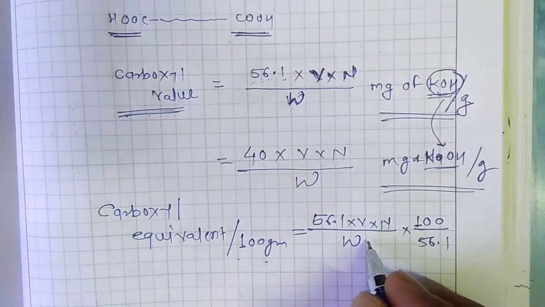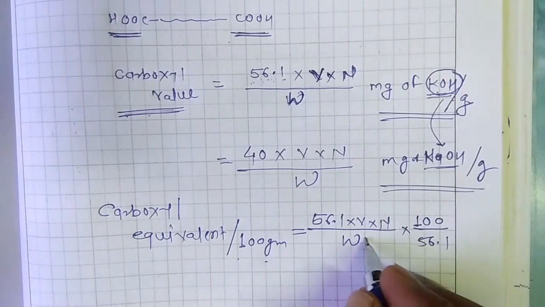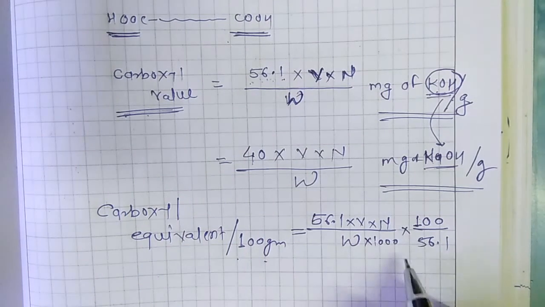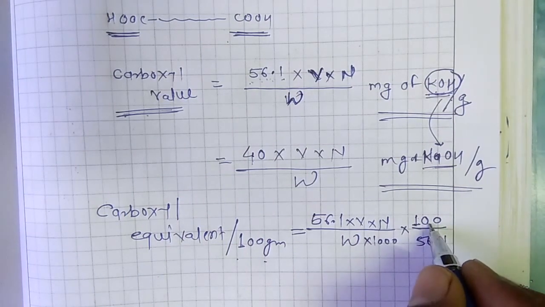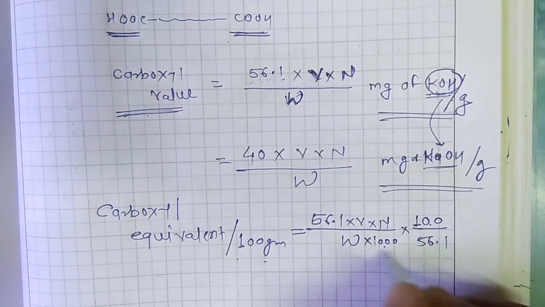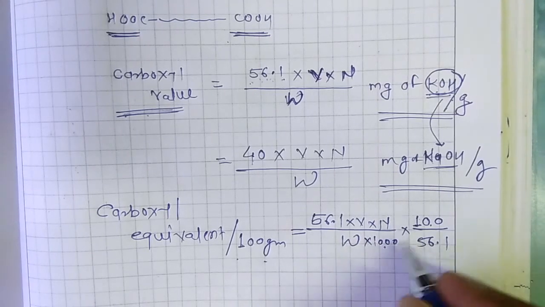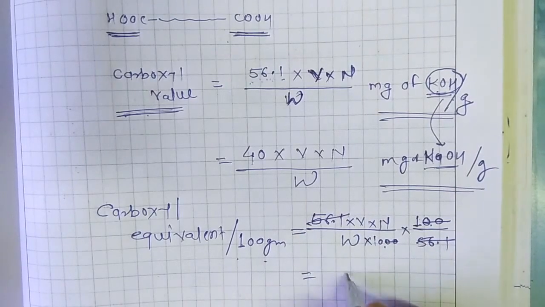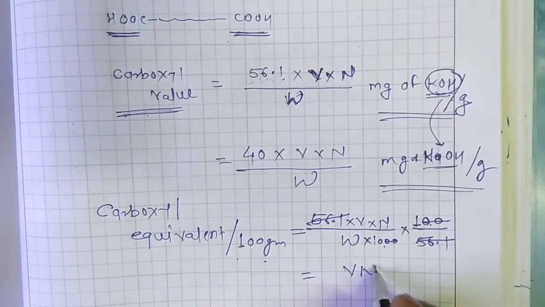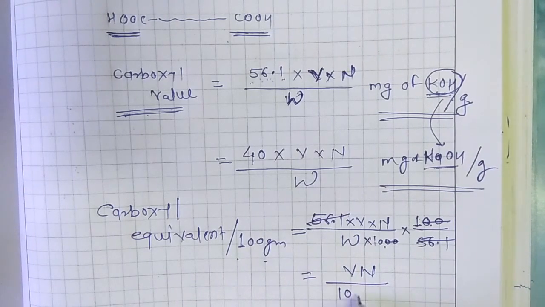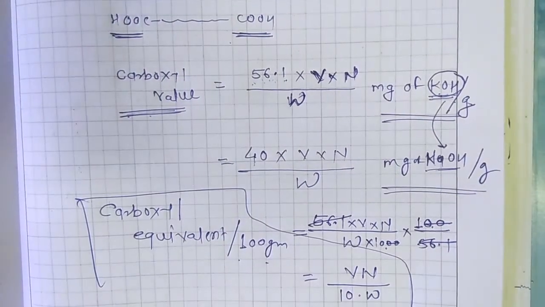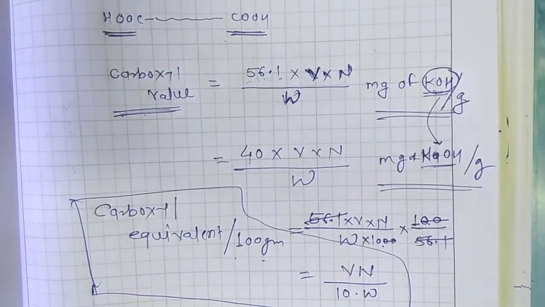Now all these values are in milligram of KOH, so we have to convert the gram value into milligram. So simplify this, and the new formula comes Vn divided by 10 into W. This is another formula, it is important to measure the molecular weight.